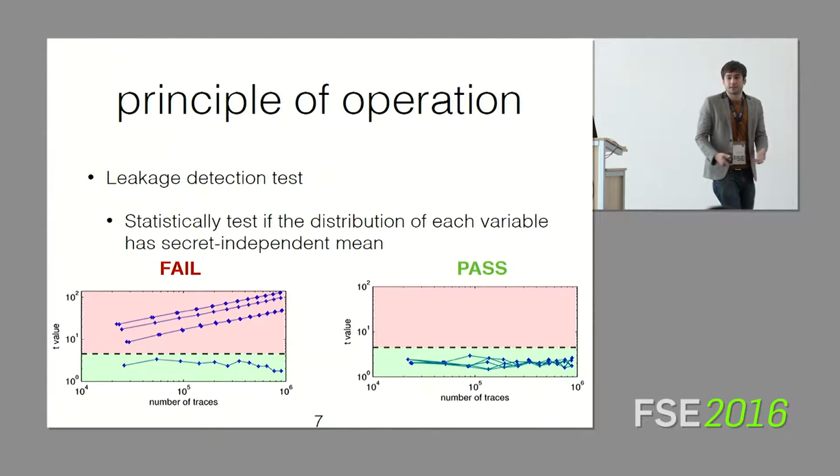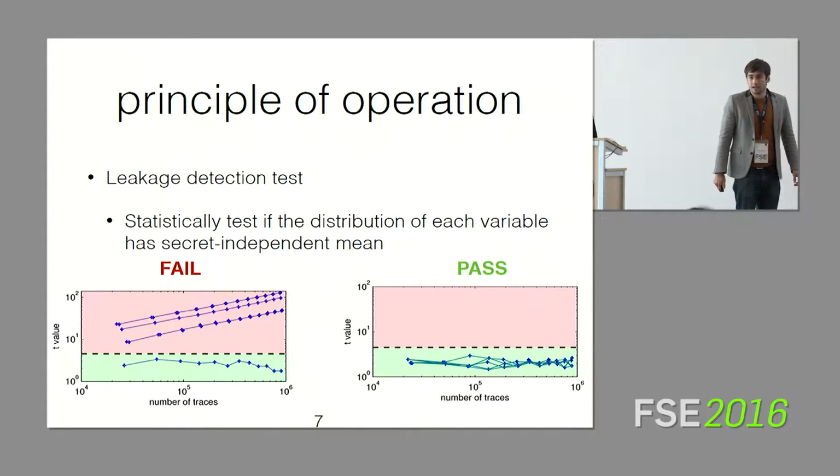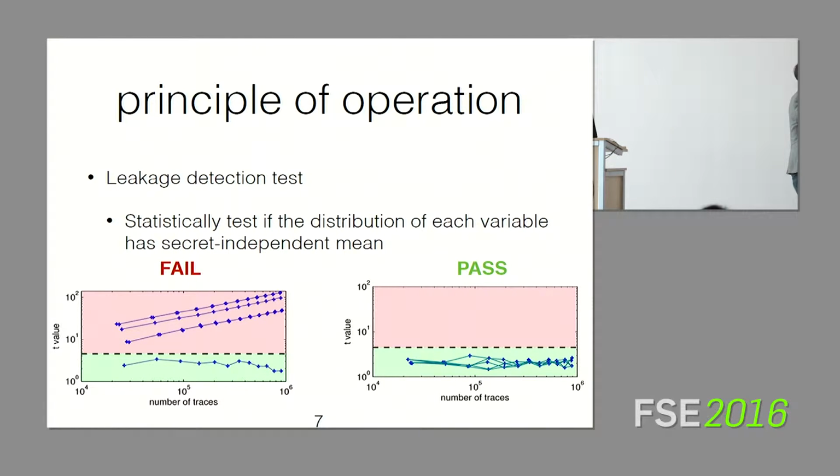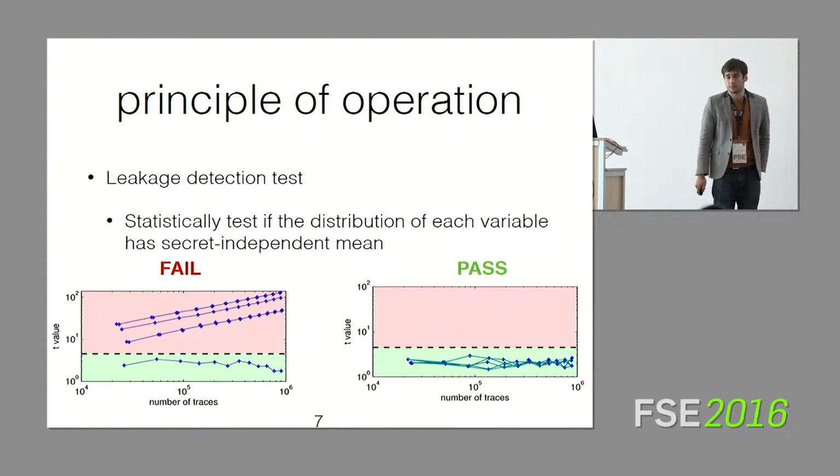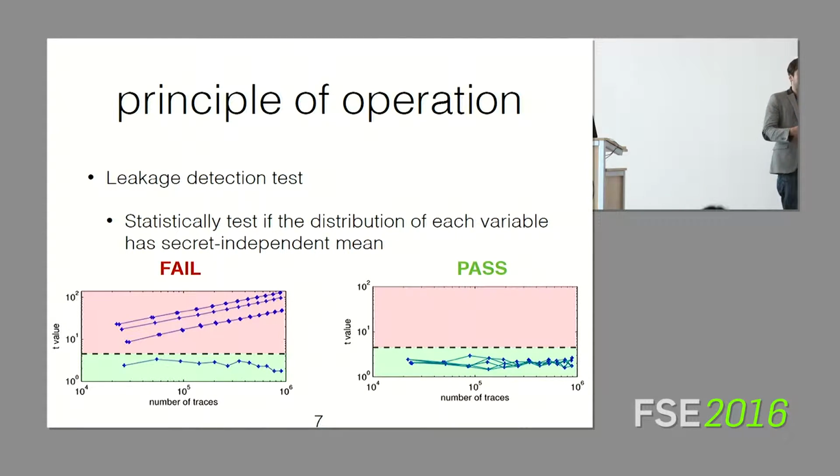But the result of this test is some statistic, and then you have to compare that against a predefined threshold. Here you have the run of a leakage detection test against a masking scheme that will fail the test, so is deemed insecure. It's based on simulating a bunch of traces, for example 10,000, 100,000, 1 million traces.